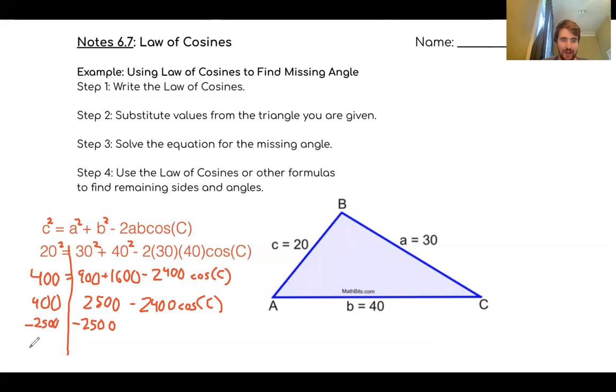Now we have negative 2100 equals, this is gone, negative 2400 cosine of C. Now we want to get the cosine of C all by itself. So we're going to divide by negative 2400 on both sides.